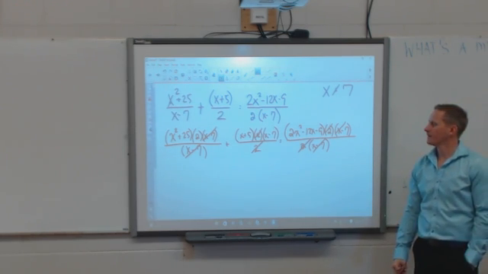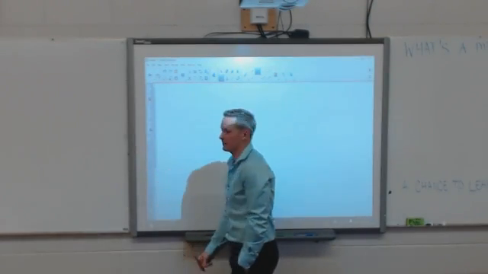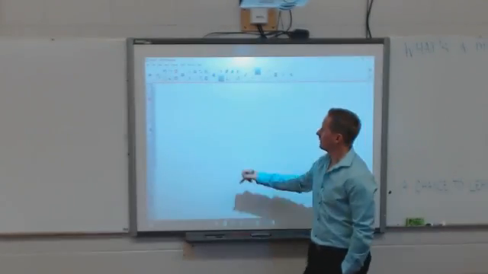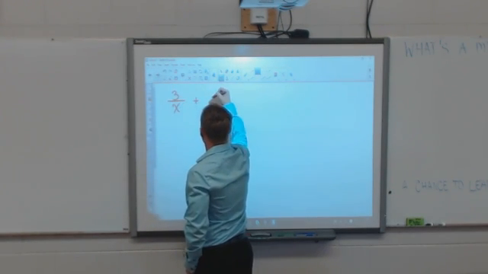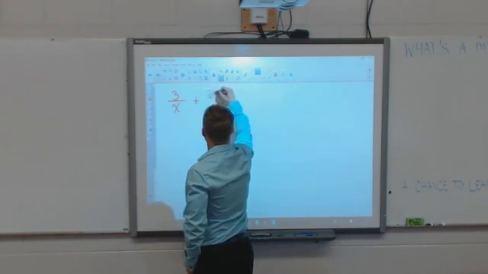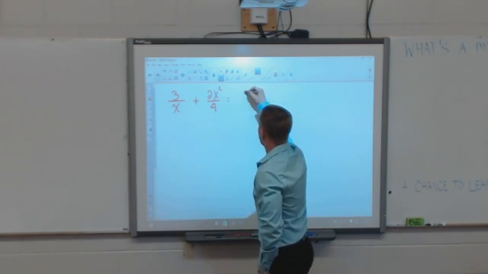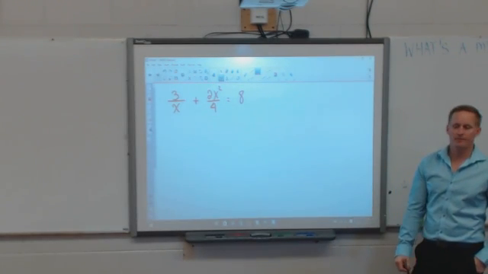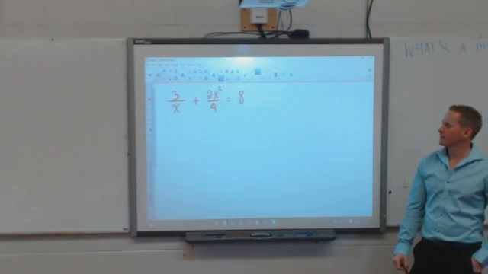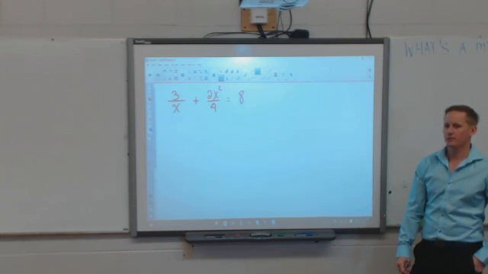So, I see some confusion in this group. Let's look at something a little more simple then. Let's take 3 over x plus 2x squared over 4 equals 8. Just looking at that, what would be the common denominator here? 4x.